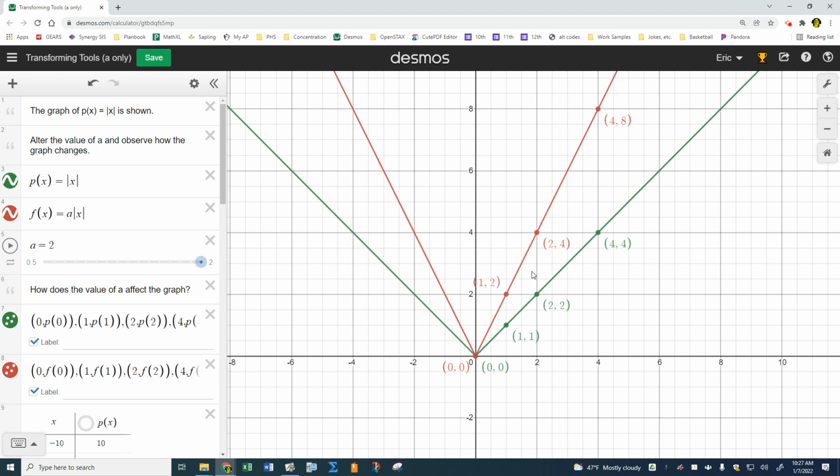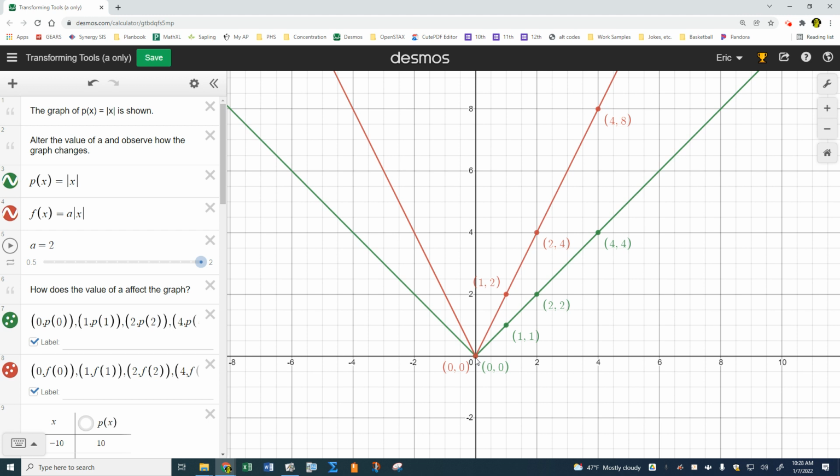So take a look here. Look what this does. If we want to define the height of the function, that's kind of a weird concept, but just think about that for a second. Let's define the height of the function to mean how tall it is from its vertex. With our normal parent function, when we walk from our vertex 1 to the right, think about an ant walking on this thing.